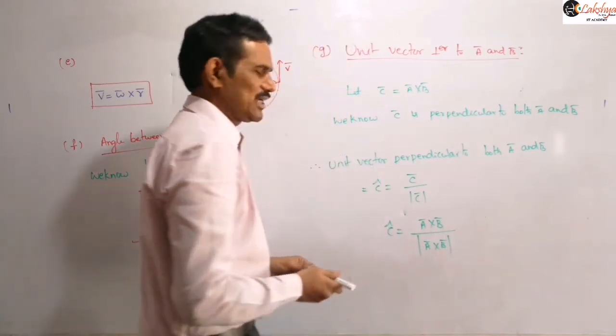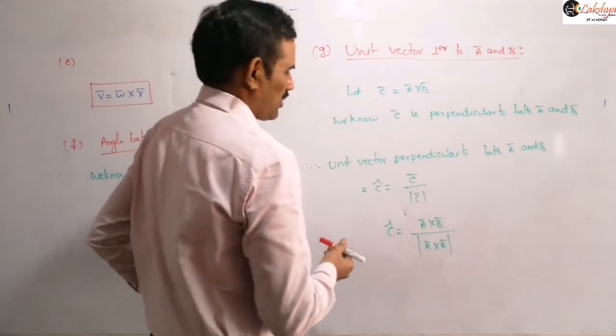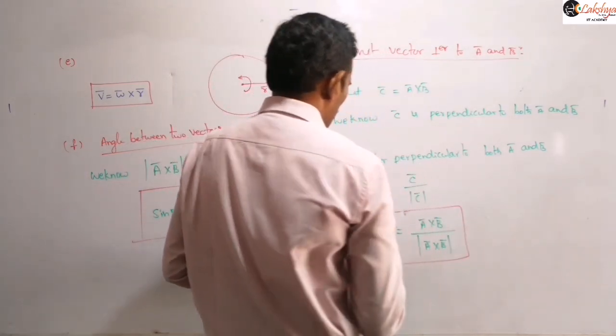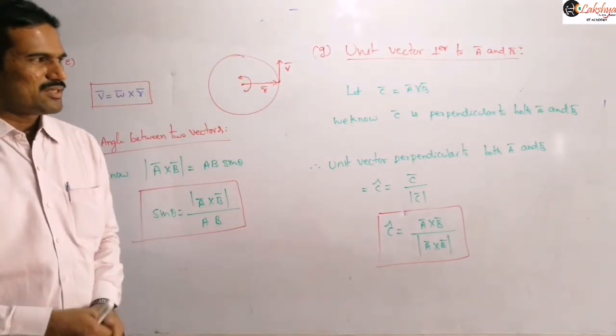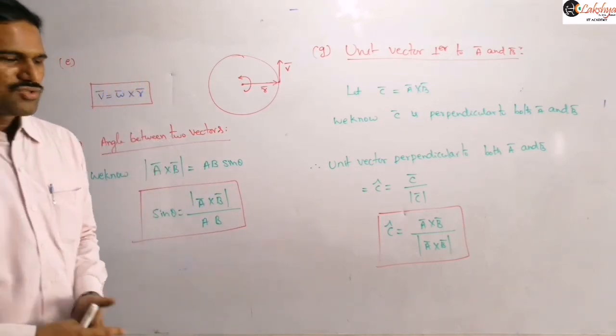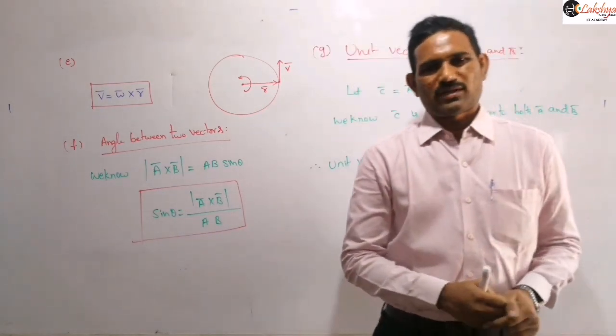That gives a unit vector perpendicular to both a bar and b bar, or a unit vector perpendicular to the plane containing a bar and b bar. So the unit vector perpendicular to the plane can be calculated easily with the help of the cross product of the two vectors. Those are some applications of the cross product.